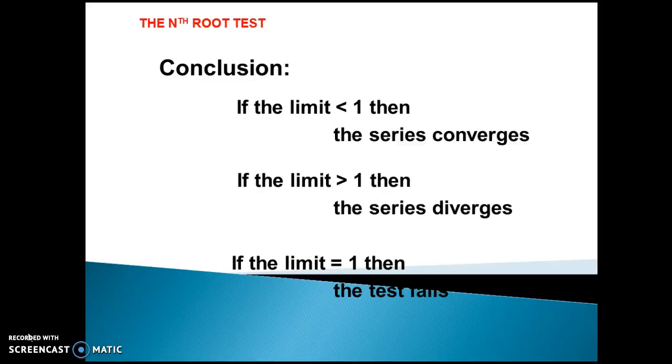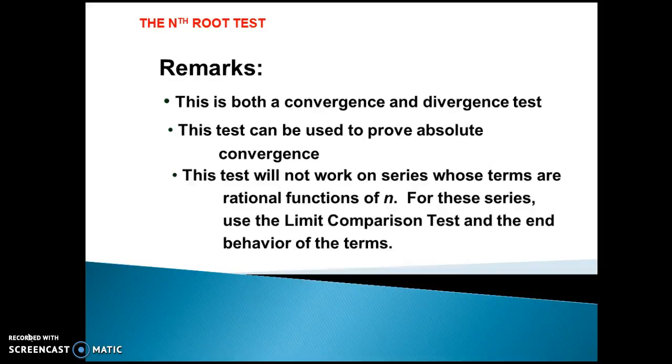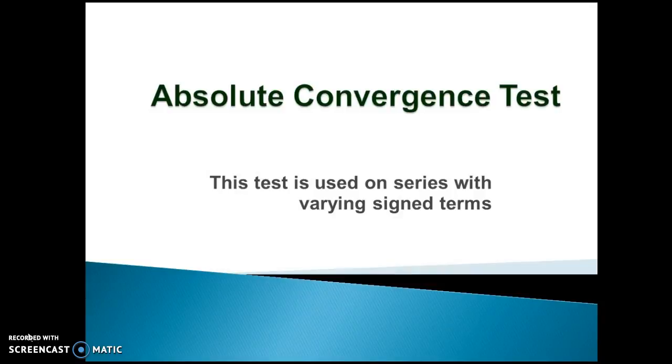Equal to 1 means the test fails. This is both a convergent and divergent test. This test can be used to prove absolute convergence. This test will not work on series whose terms are rational functions of n. The test works well with series whose terms are powers of n.